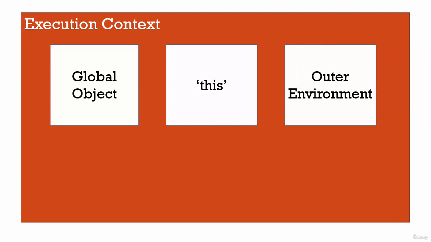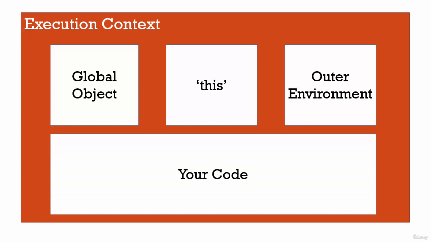Now, when you're running code inside a function, that means the code that's outside the function. But when you're running at the global level, meaning you're not inside a function, well, there is nothing outside. You're as outside as you can get. There's no outer environment, so that's just null. It's nothing at the global level. But we'll see this come up later, very importantly, when running and executing functions. And finally, the execution context is running your code.